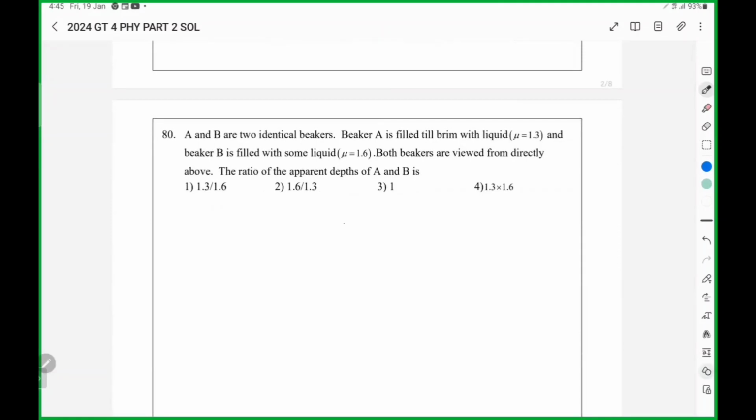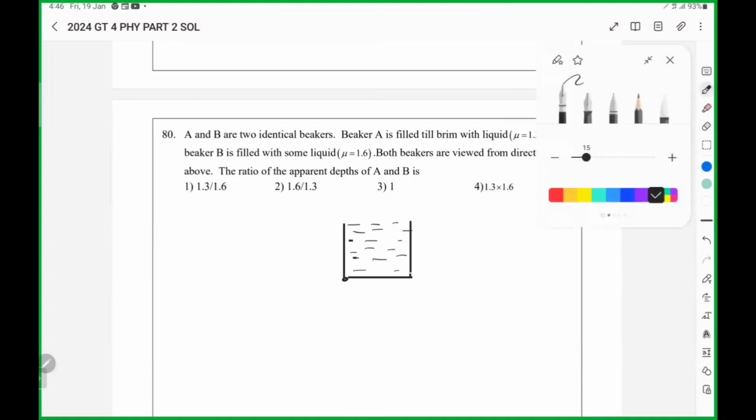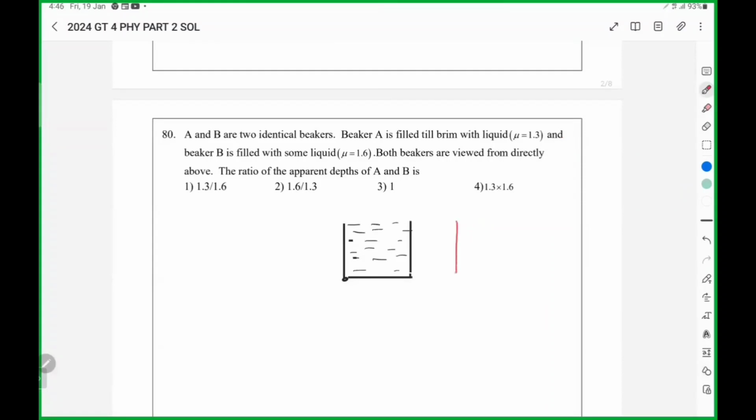Beaker A is filled to the brim with a liquid, and beaker B is filled with a liquid.